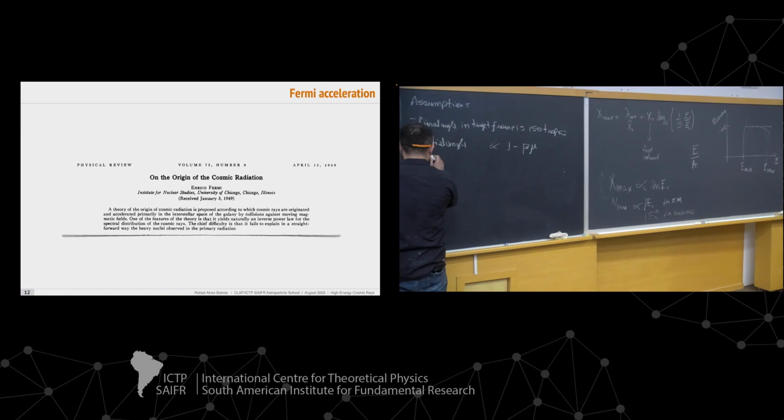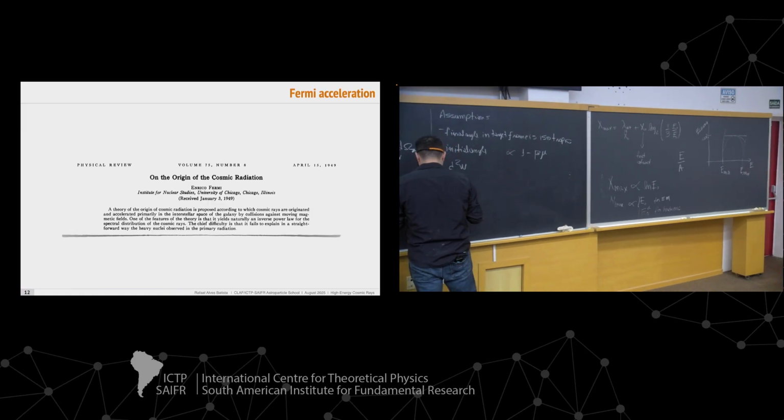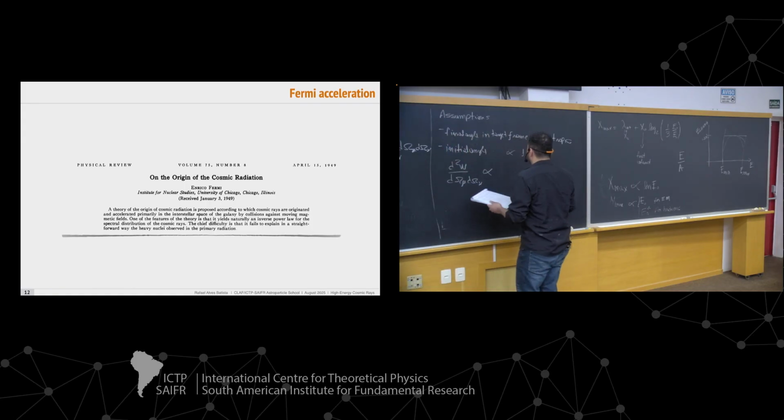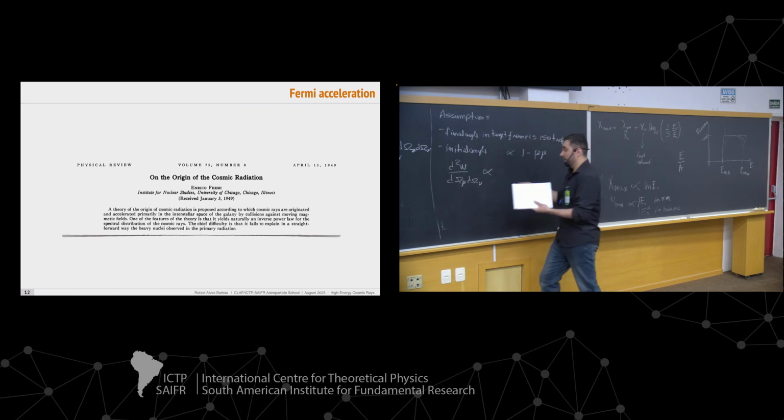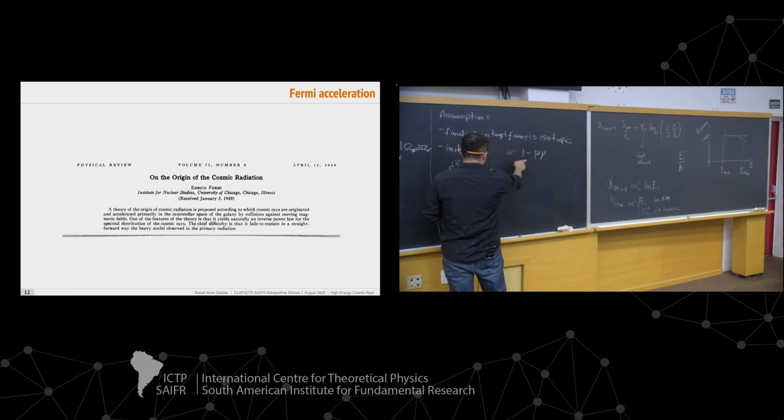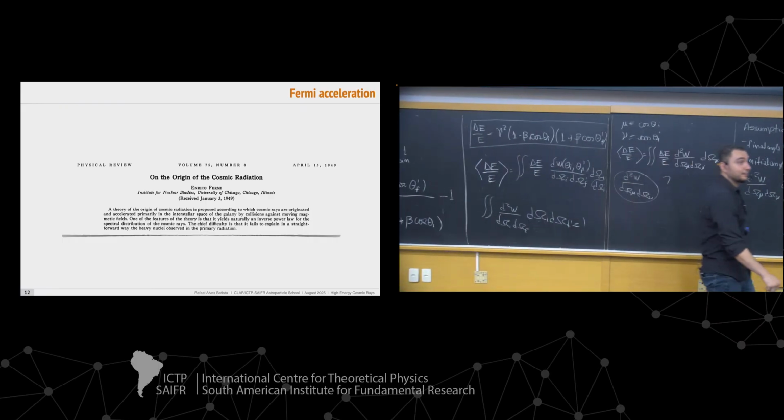And therefore, we can get this dw function. We are going to see that here there is no preferred direction. It does nothing. It's a constant. And here there is that term, 1 minus beta mu. I plug this into here, solve the integral, done. That's it. That's the second order Fermi mechanism.